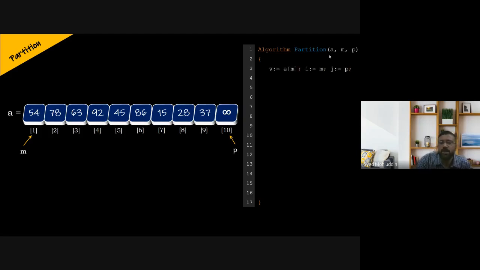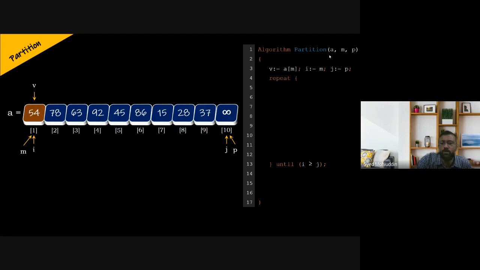Then we use V as a variable and assign A of M, which is nothing but the first element. We are selecting V as the pivot element. Then we have index I and index j, which point to M and P respectively. Then we will use a repeat until loop, just like a do-while loop.